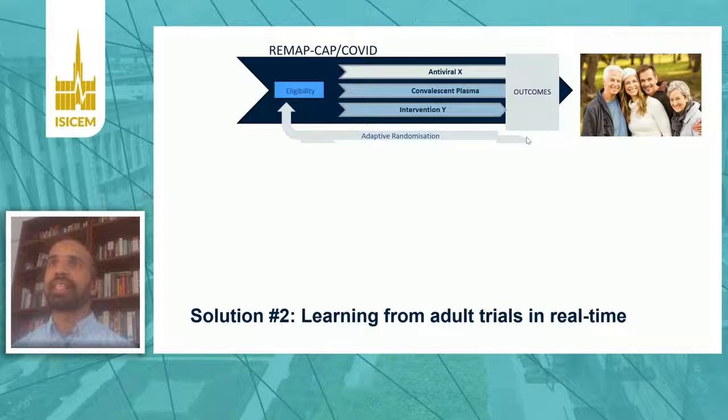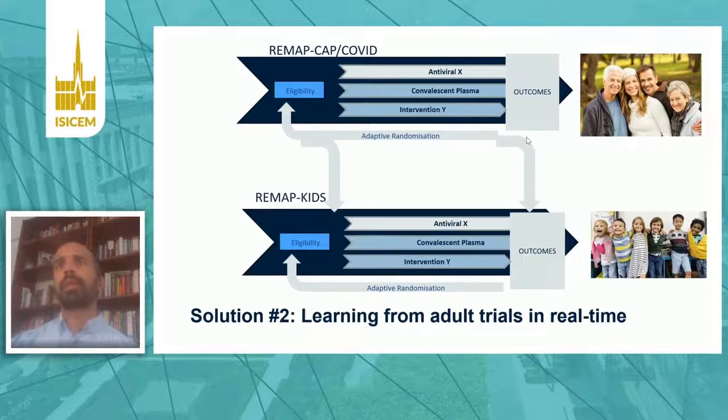And so what that means is that you can examine antivirals, convalescent plasma, and their interactions therein. As the trial accumulates data, response adaptive randomization assigns randomization and preferential probabilities to the arms that are doing better.